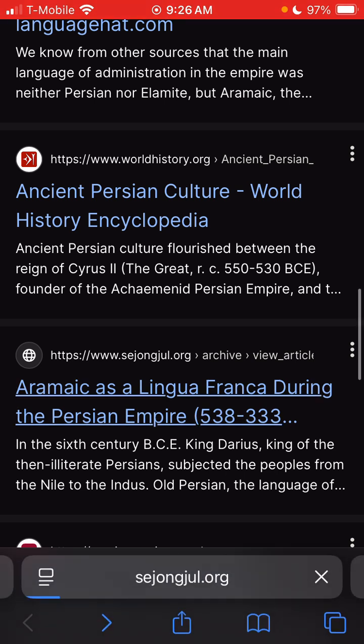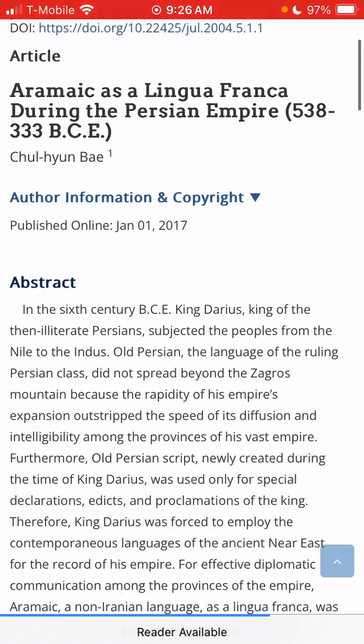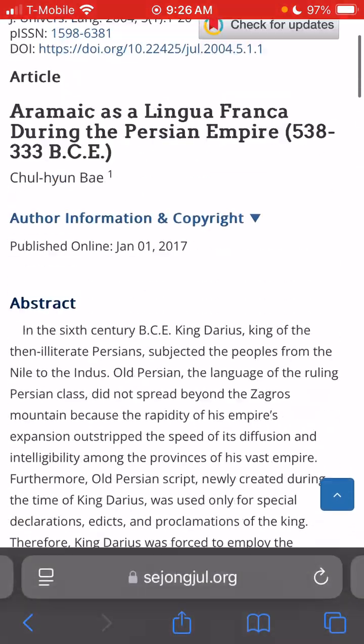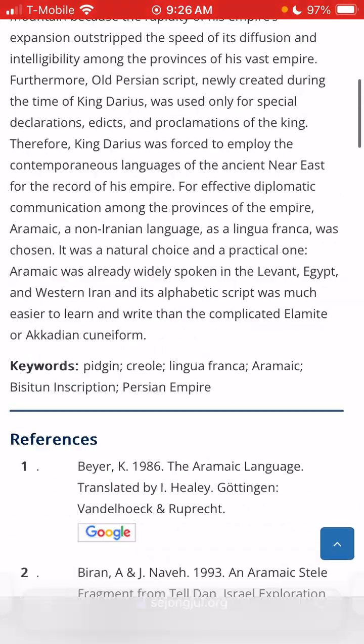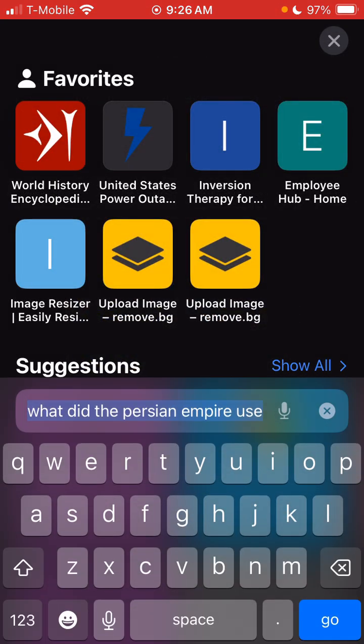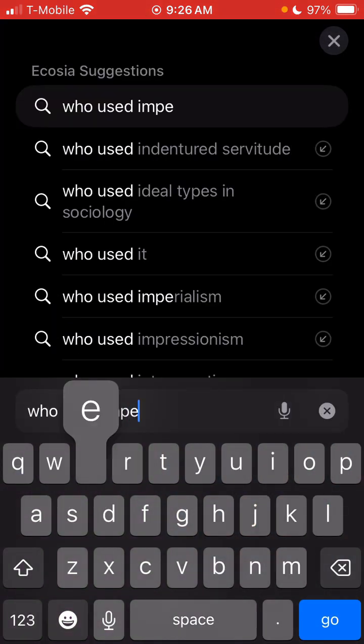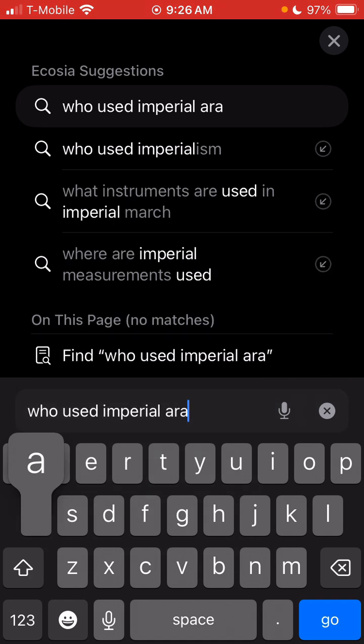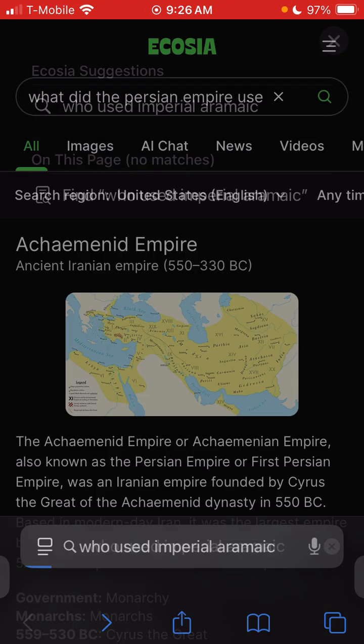Here we go: Aramaic as a lingua franca during the Persian Empire. Okay, Aramaic. Who used Imperial Aramaic?